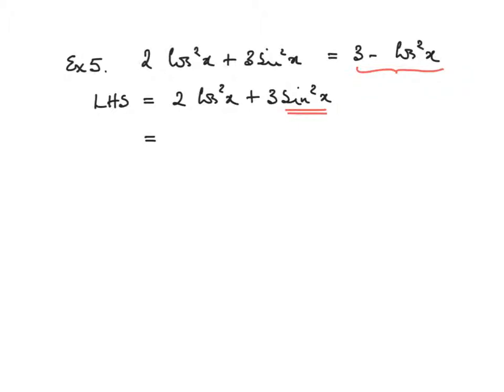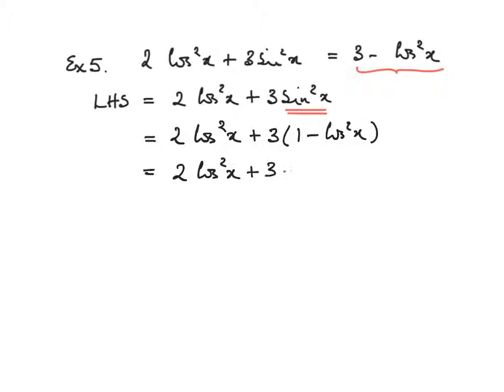And if we go right back to the earlier formula, we can replace sin squared, not the 3, we can't replace that. Sin squared can be replaced by 1 minus cos squared x. So that's 2 cos squared x plus 3 minus 3 cos squared x.